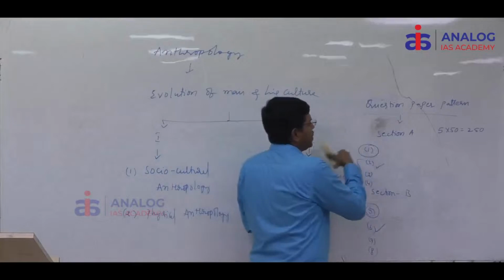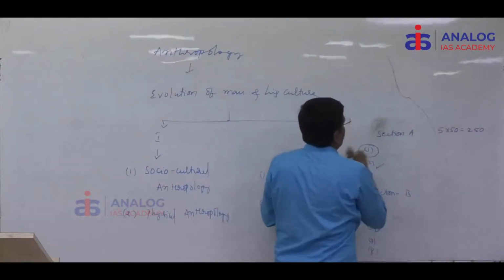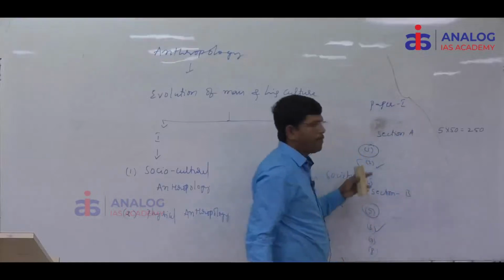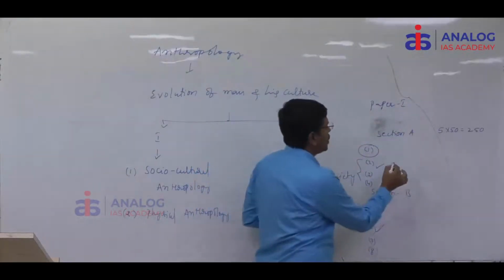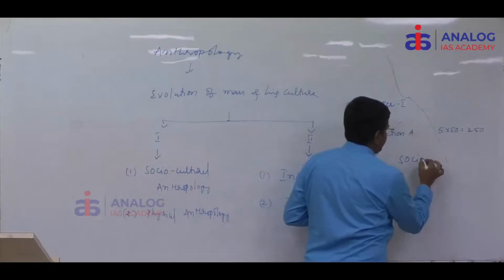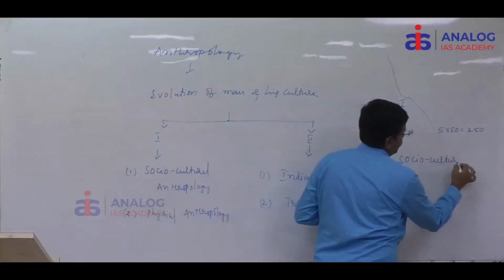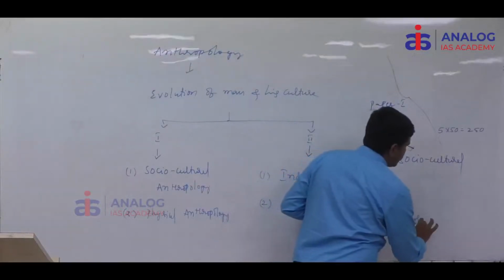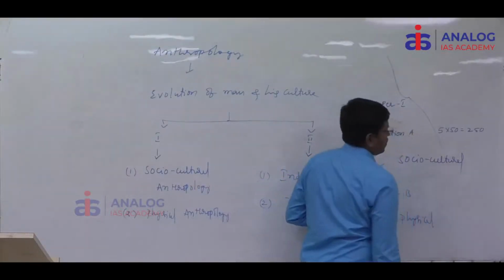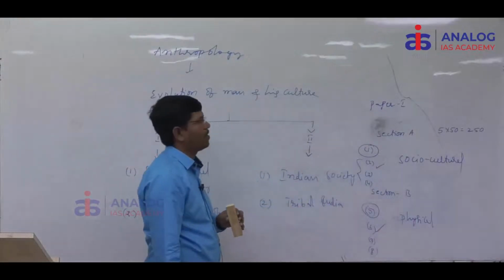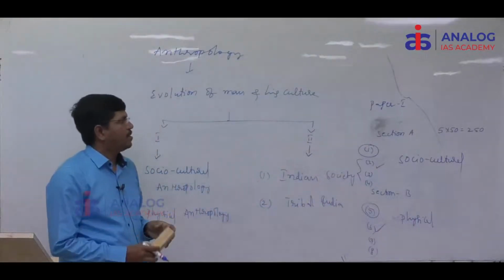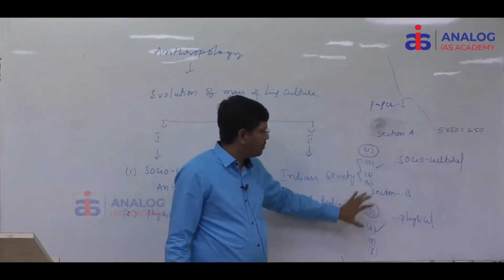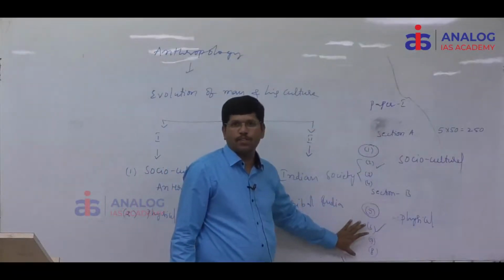Let us assume this is paper 1. In paper 1, section A covers socio-cultural anthropology, section B covers physical anthropology.